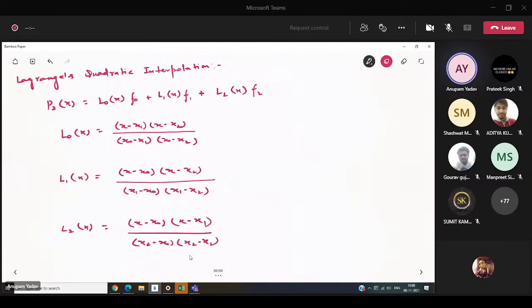So these are going to be the values of L0, L1 and L2x.